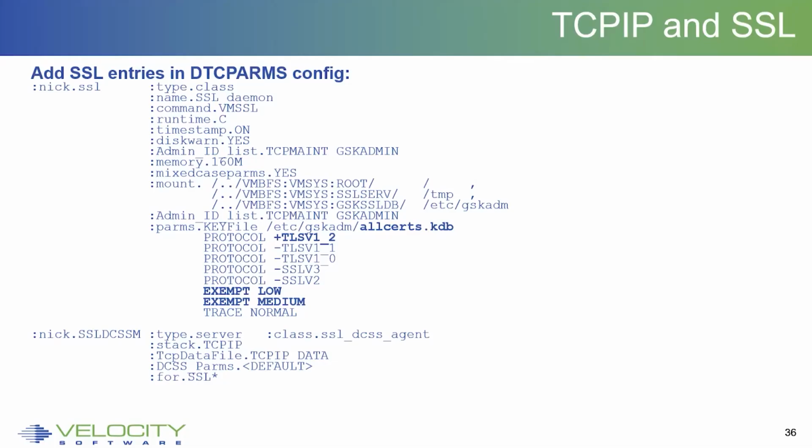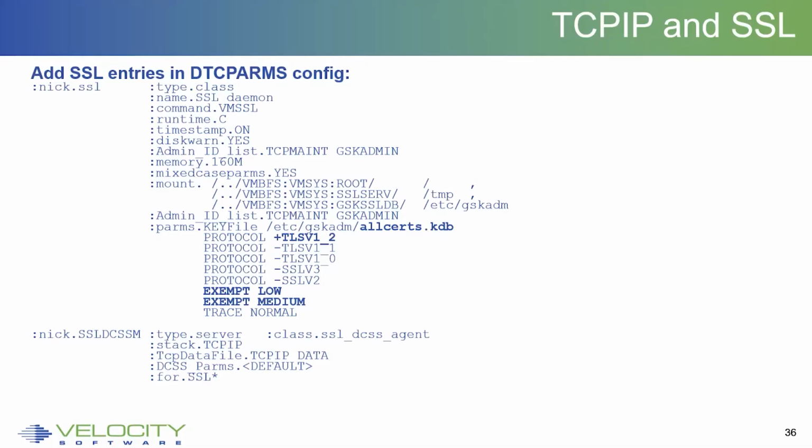This is telling SSL, the SSL servers, we will only accept and use TLS version 1.2. TLS version 1.1, 1.0, and the SSL versions are not used and not accepted. Mostly because they've been deemed unsecure now. They're not as robust. So TLS 1.2 is the only protocol that we will accept.